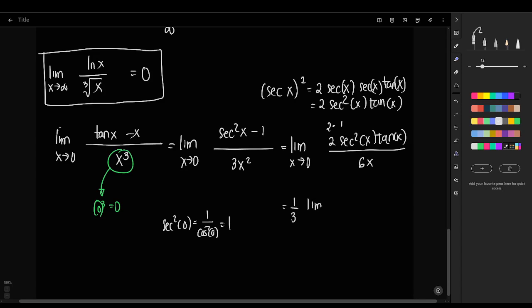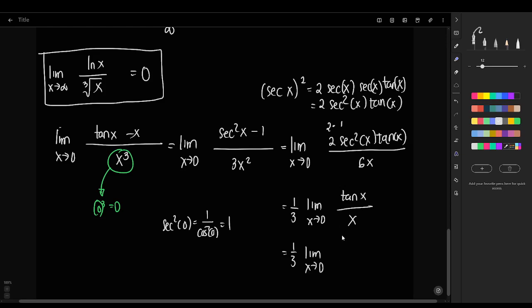And copy again the limit as x approaches 0. So that leaves you tangent x all over x. You cannot evaluate this directly because it still leads you to an indeterminate value. So that gives you another execution of the L'Hospital rule, maybe for the last time.